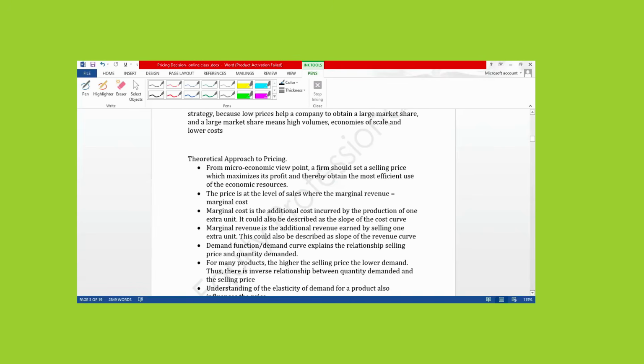Marginal revenue. This is the additional revenue earned by selling one extra unit. Your marginal revenue can be described as the slope of the revenue function.